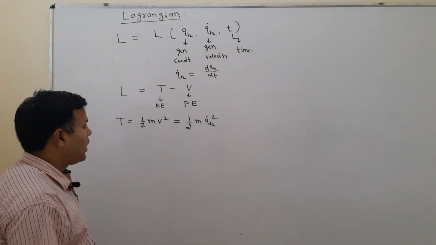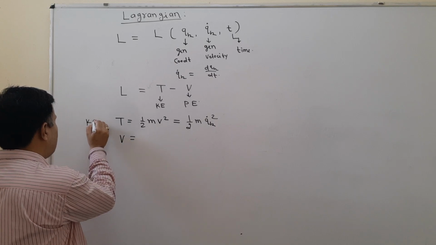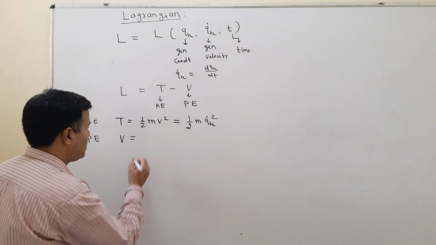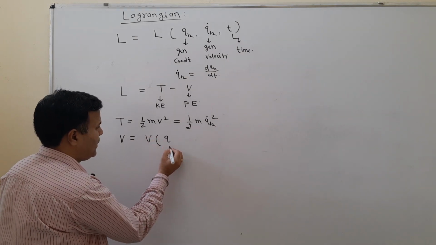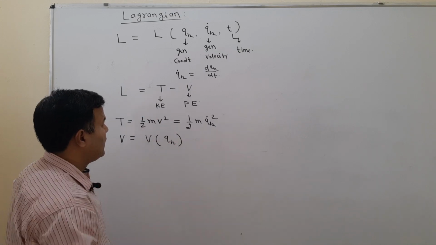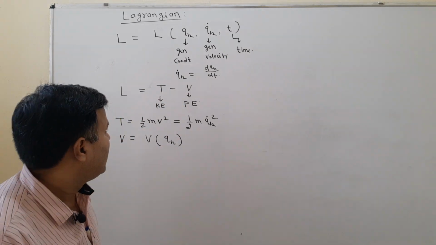And V is the potential, energy due to its position, V of qk. So this is the way to define the Lagrangian.